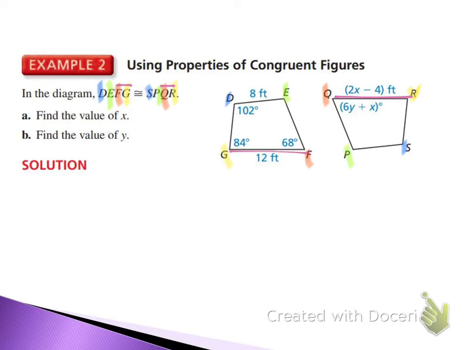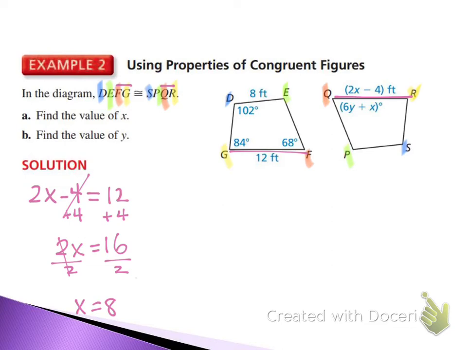So that means 2x minus 4 is equal to 12. Add 4. 2x equals 16. Correct. x equals 8. Perfect.